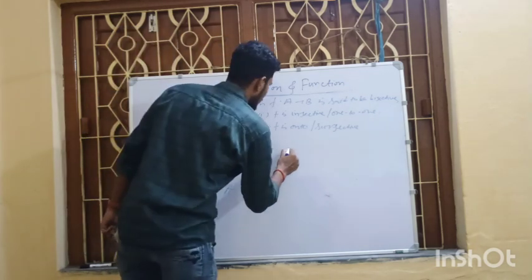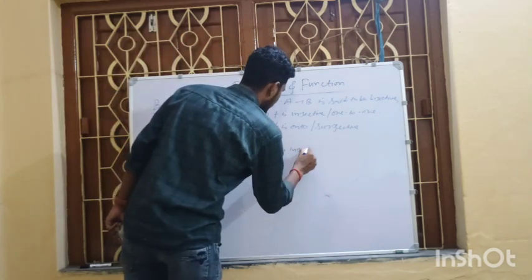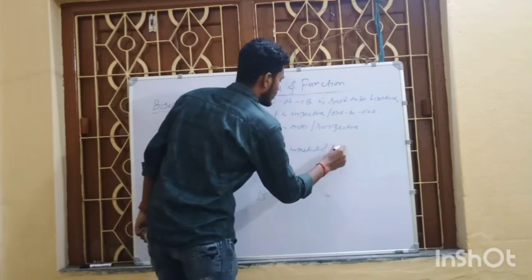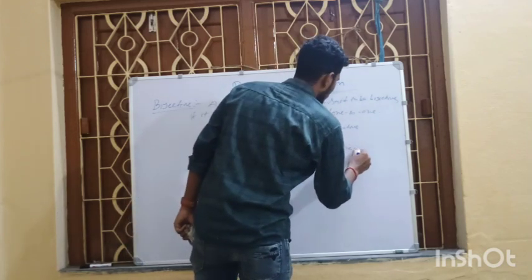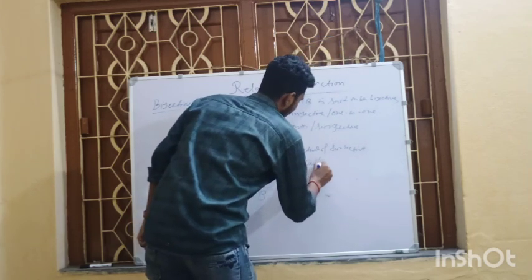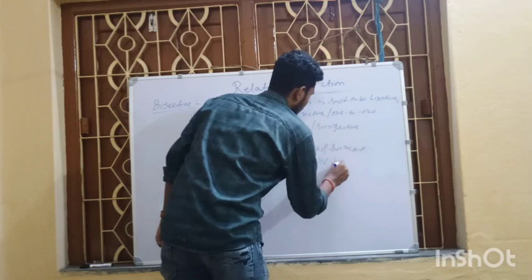This means f is both injective and surjective, so this f is called a bijective map.